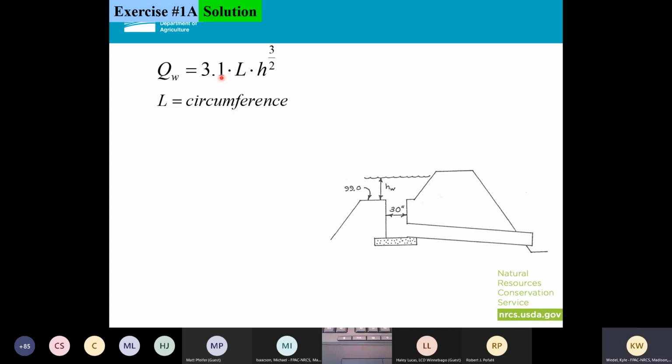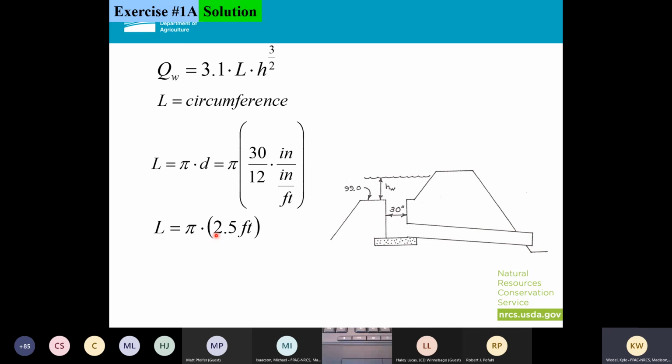Then I have to find the circumference of my circle, which is going to be pi times the diameter. So again, I have to divide my diameter by 12 to get to feet. So I'm going to end up with pi times 2.5, and when I solve for that, I'm going to have a length of 7.85 feet.